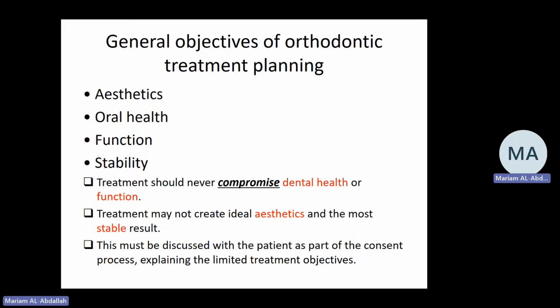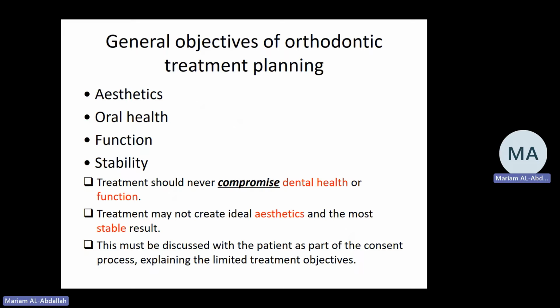On the other hand, sometimes we cannot create the ideal aesthetics and the most stable results. So we can compromise these two aspects, but the patient should always benefit from the treatment. I cannot leave the patient worse off at the end of the treatment.